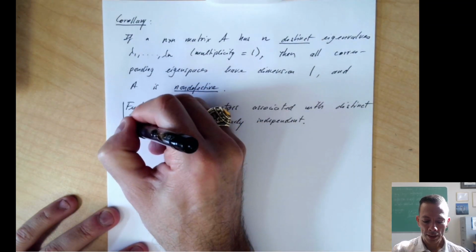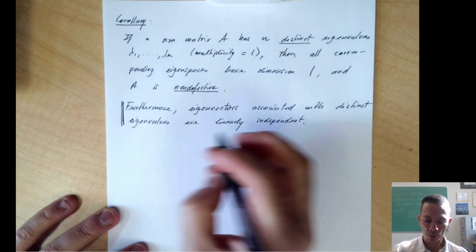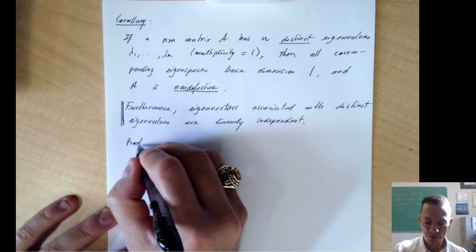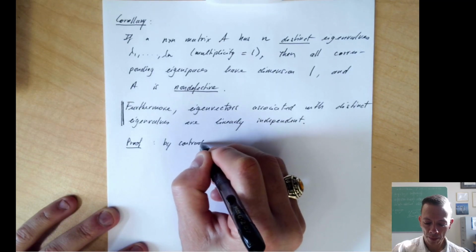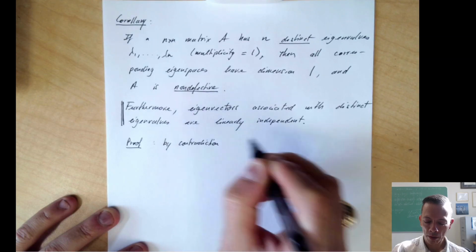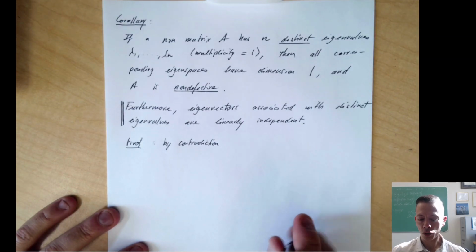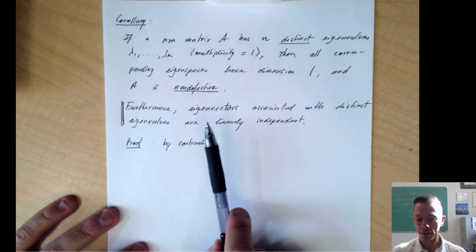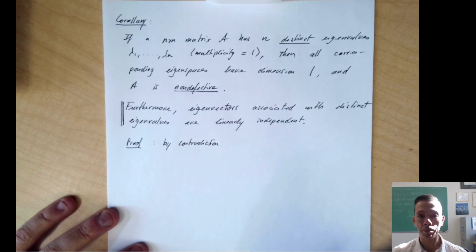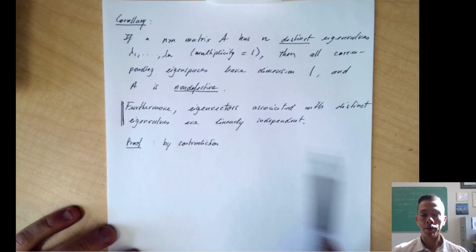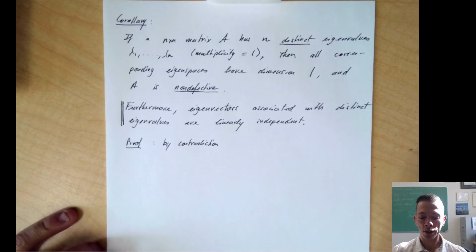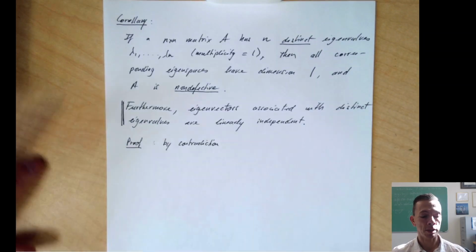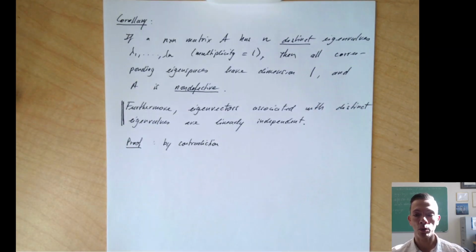So this last part of the corollary we can prove by contradiction, which means we can prove by assuming that the distinct eigenvectors are linearly dependent and arriving at a contradiction. So instead of doing it here, I'll just post this proof on Schoology. Make sure you look at it so you can study how it goes.